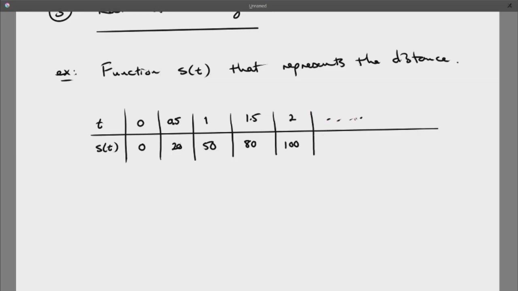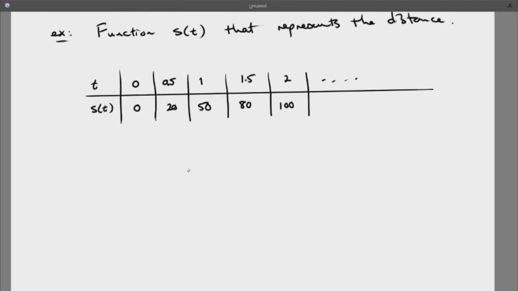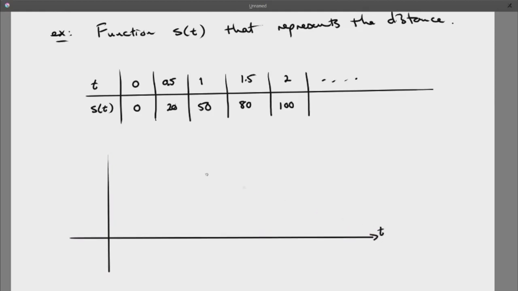Right? So there is some function that determines how your position, your distance traveled, changes as time passes. Now, this table just gives you a little snapshot of that actual function, but maybe you go faster in some points and then you slow down and so on.